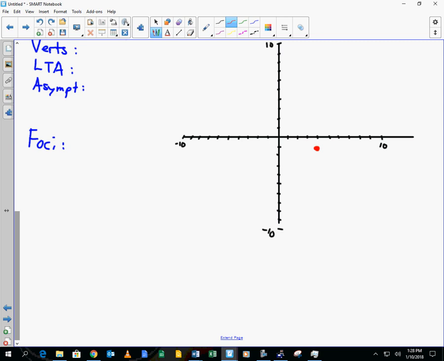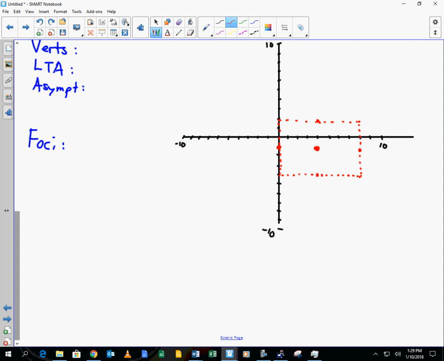As I make my ghost box, how many units do I go in the x direction? In the y direction? 3. And I draw my box.